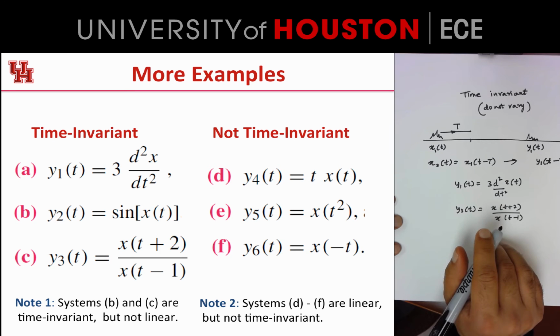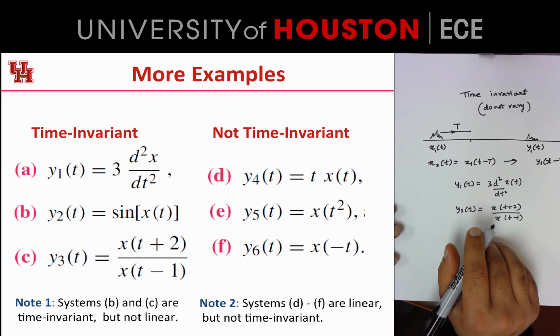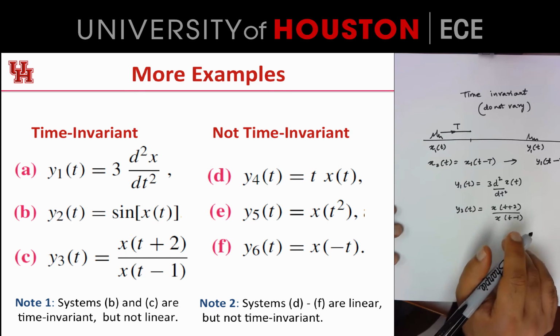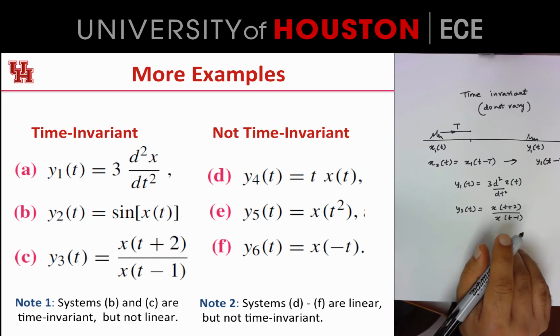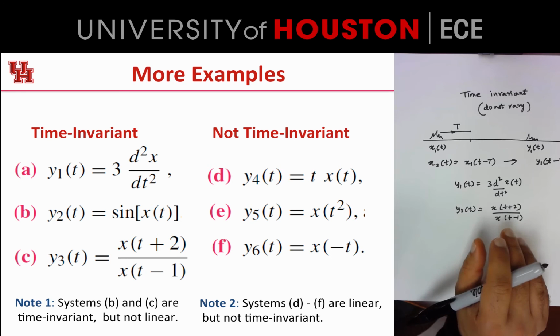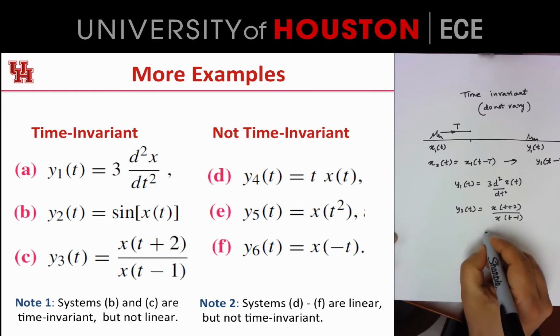But then let's look at a few examples of systems that are not time invariant. These are examples D, E, and F on your right. What you see there is that the time axis in these functions has been meddled with. In the first case, the response is actually multiplied by t, so the actual time matters in shaping the output.